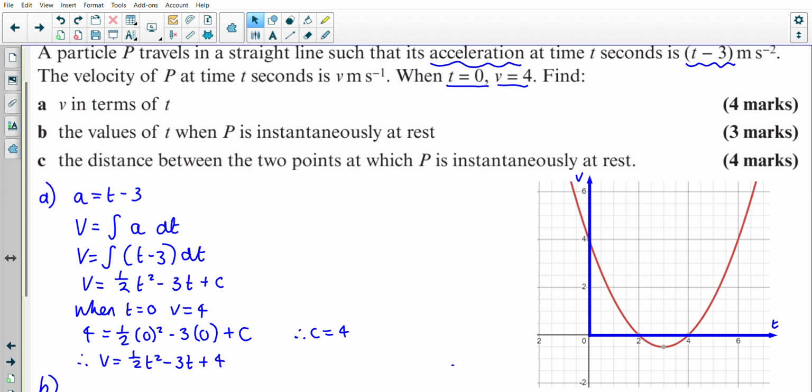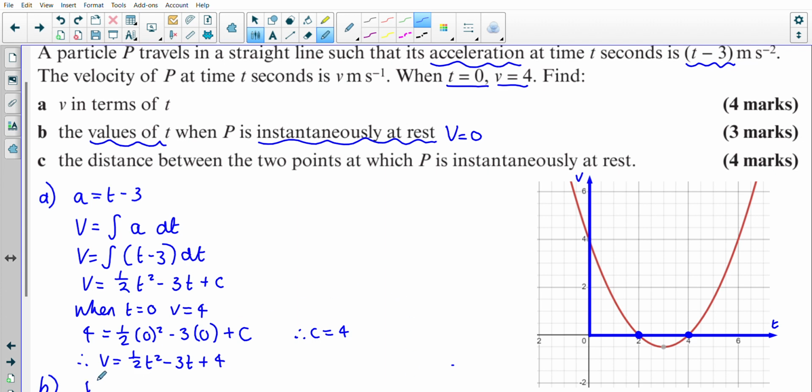So you can see there that it's a quadratic, it's going through 4 on the vertical axis, and it wants the values, so there's going to be 2, the values of t when P is instantaneously at rest. So I know that's when v is 0. So I'm looking on the graph, I should be able to see there that I should be getting t is 2 and t is 4.